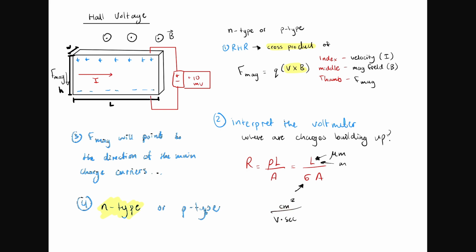I'll see students plug in, let's say this was 5 micrometers. They'll plug in 5 times 10 to the negative 6 at the top, and then let's say our sigma was like 0.22 cm or something like that, then this is meters, that's cm, this does not work. So what you need to do is make sure that you have consistent units, and I'll show you an example of that coming up shortly.